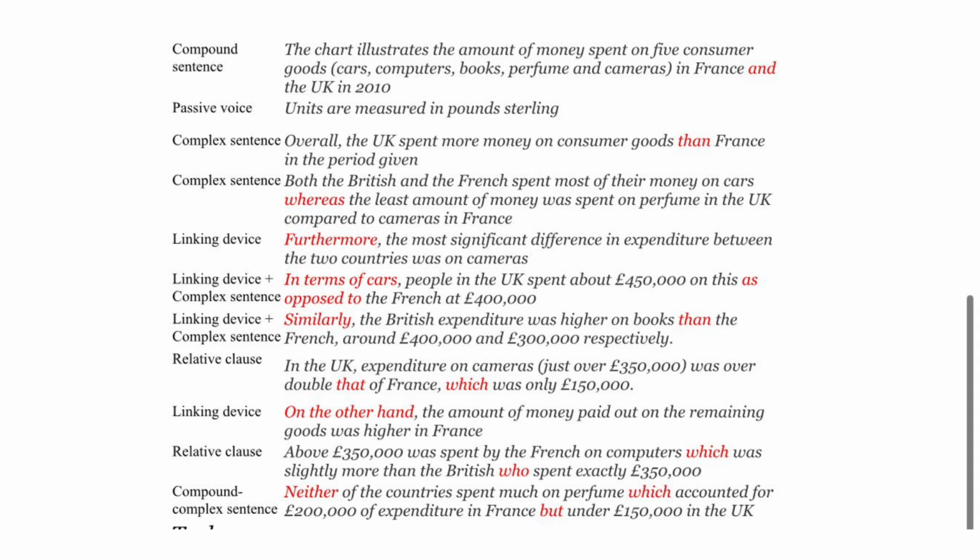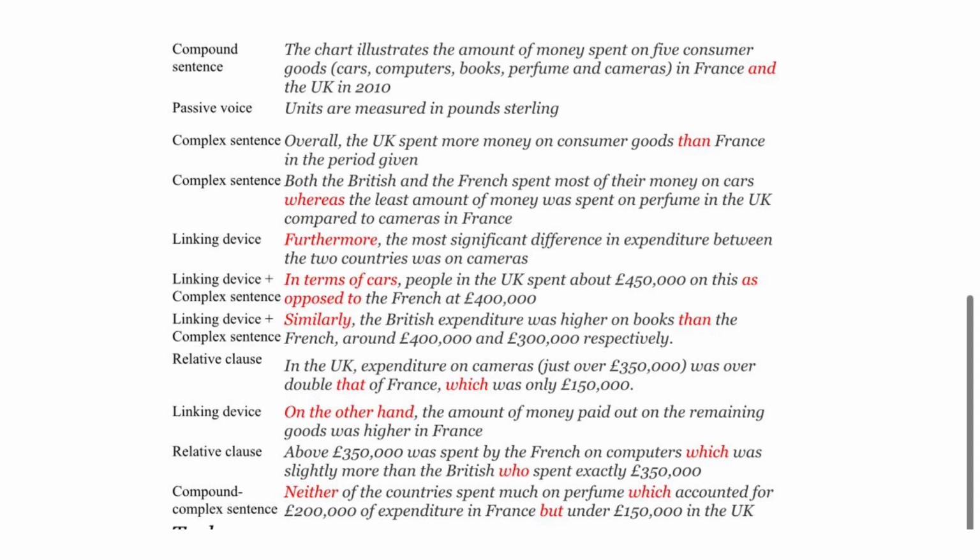So we can call it a simple and a compound sentence, but more often it is a simple sentence. Next, units are measured in pound sterling. This is in passive voice. This is again a simple sentence but in passive voice. Next, overall, the UK spent more money on consumer goods than France in the given period. By using than, this sentence is converted into a complex sentence.